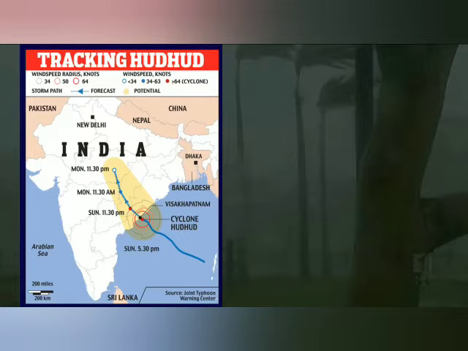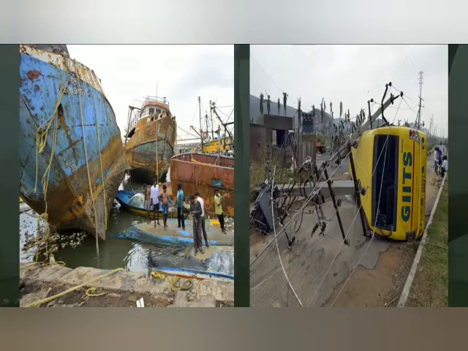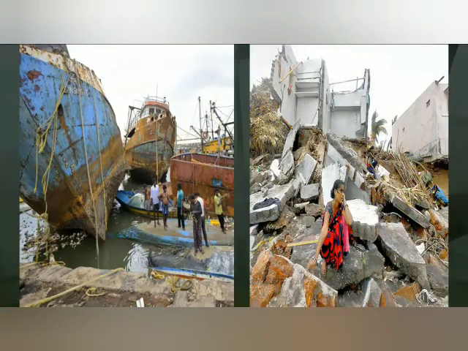Cyclone Hudhud, with a speed of 200 km per hour, hit India's southeastern coast on 12th of October 2014 and forced thousands to flee their homes in the state of Tamil Nadu, Andhra Pradesh and Orissa. This tropical cyclone caused significant damage to infrastructure, plantations, and livestock along the eastern coast.